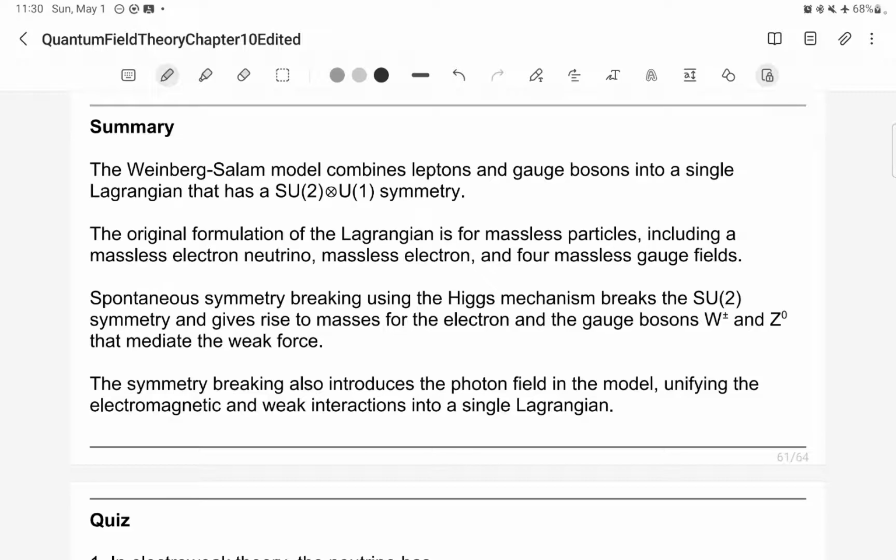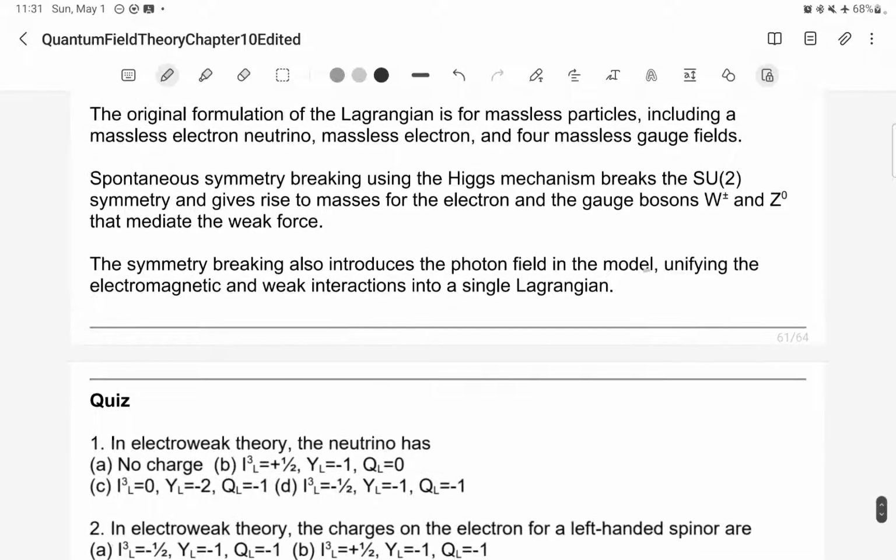However, spontaneous symmetry breaking using the Higgs mechanism breaks the SU(2) symmetry and gives rise to masses of the electron and the gauge bosons W plus, W minus, and Z sub 0 that mediate the weak force. The symmetry breaking also includes the photon field in the model, unifying the electromagnetic and weak interaction into a single Lagrangian. And so finally you have the electroweak theory.